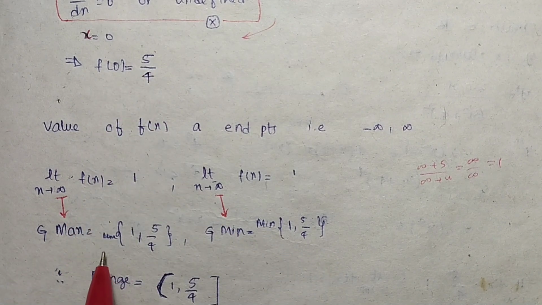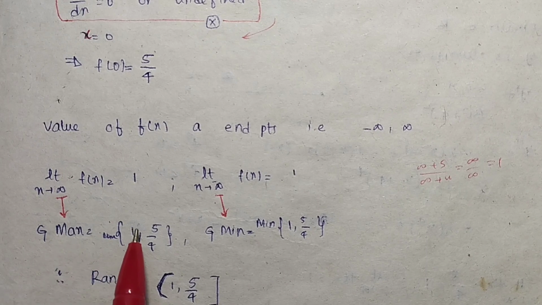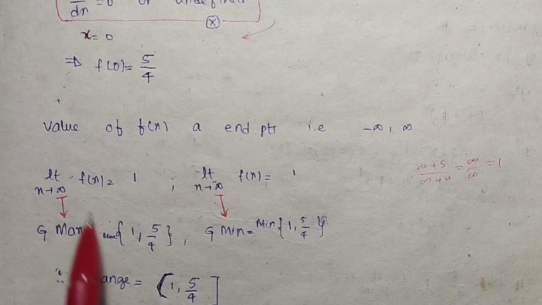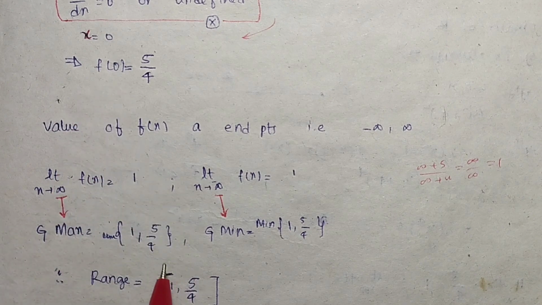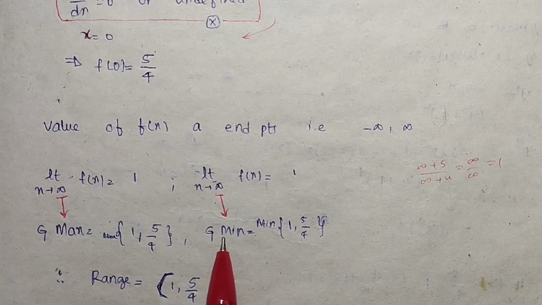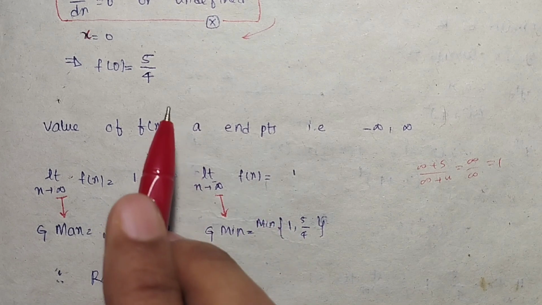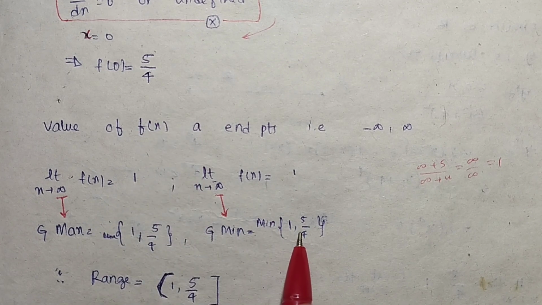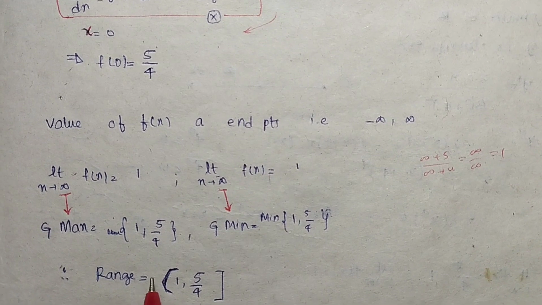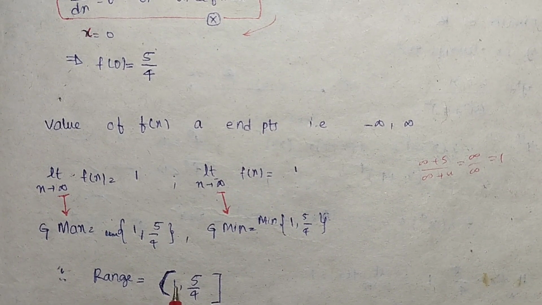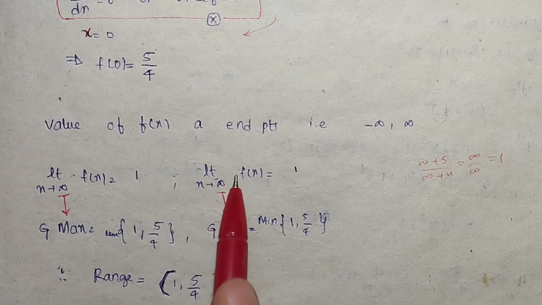To get the maximum of the range, we take the maximum of the limit as x tends to infinity and f of 0, which is 5 by 4, and the minimum of the range would be the minimum of the limit as x tends to minus infinity and f of 0, which is 1. So the range is the interval 1 comma 5 by 4 closed, open at 1 because 1 is obtained only as x tends to minus infinity.